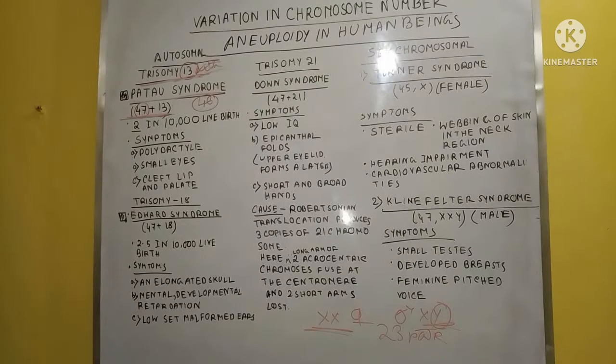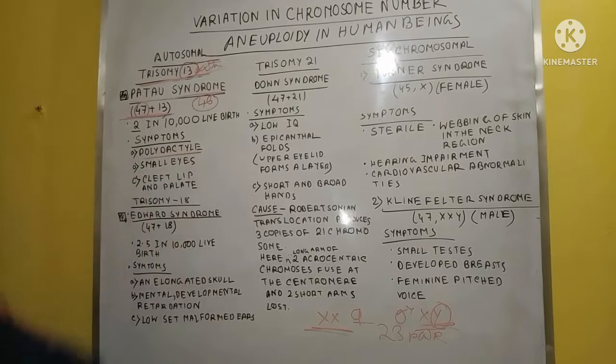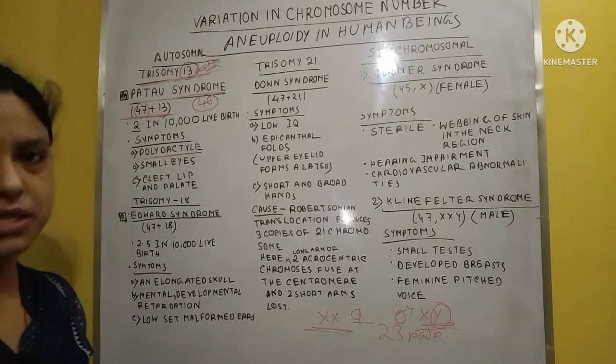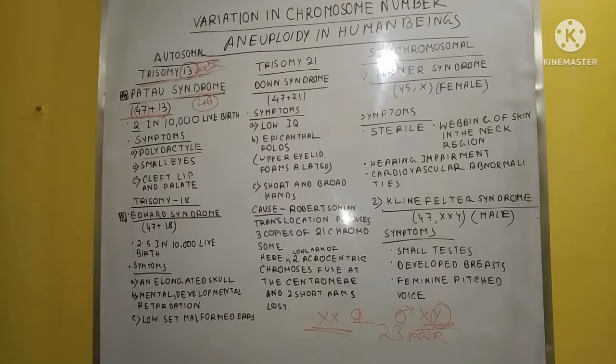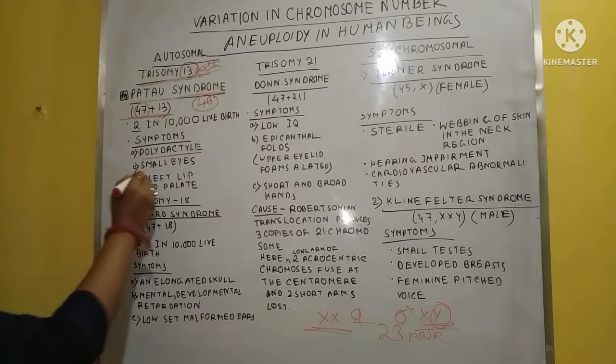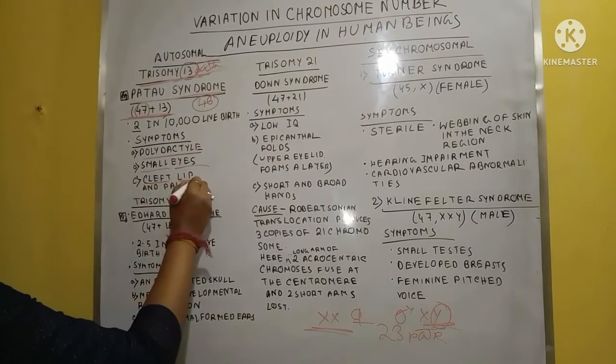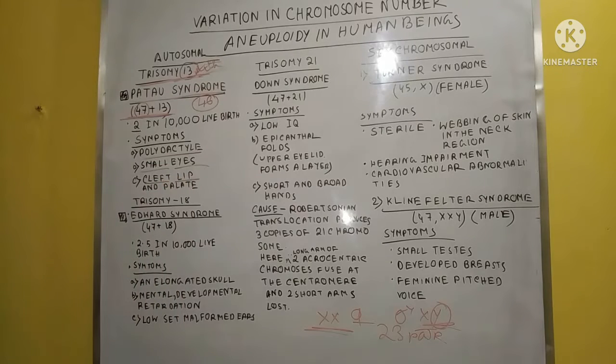And what symptoms do we see in this type of disease? One is polydactyly. Generally, polydactyly means the number of digits, fingers or toes, increases. Second one is small eyes. Third one is cleft lip and palate.